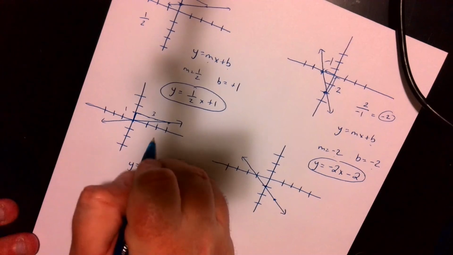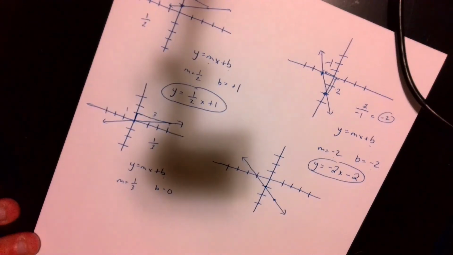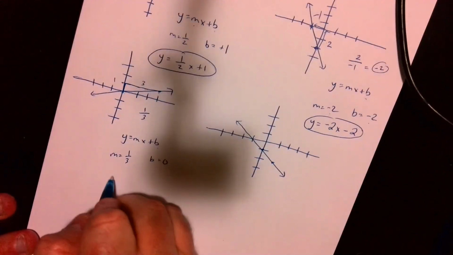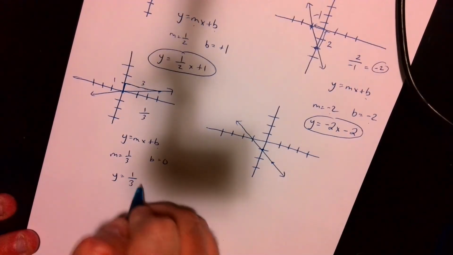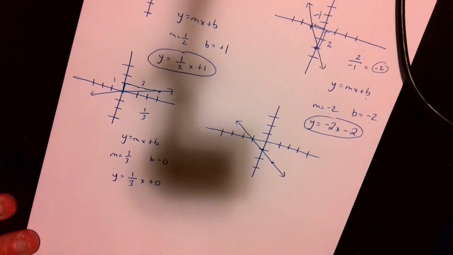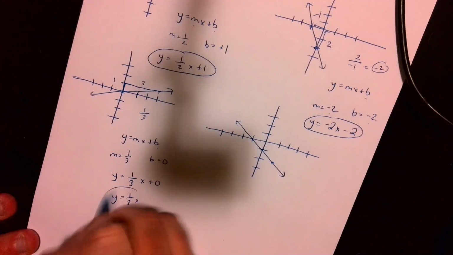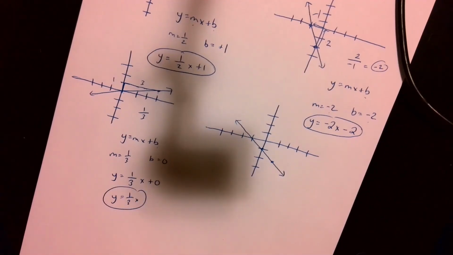So our slope is 1 over 3. So this equation turns out to be y equals 1/3 x, and it's like the one we just did. I don't need to say plus 0. I can just say y equals 1/3 x is my answer.